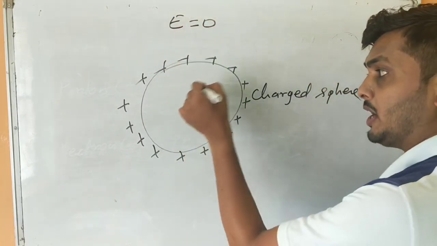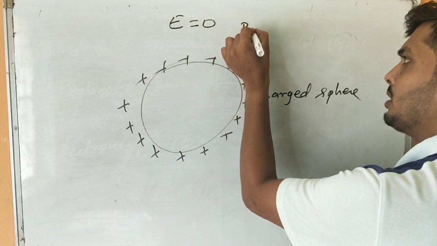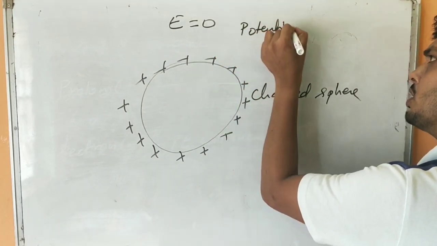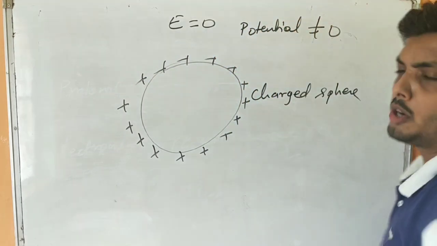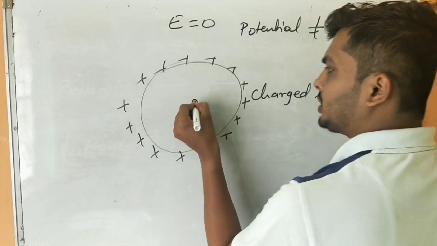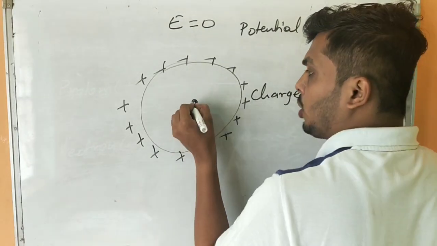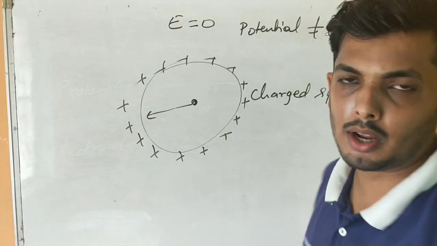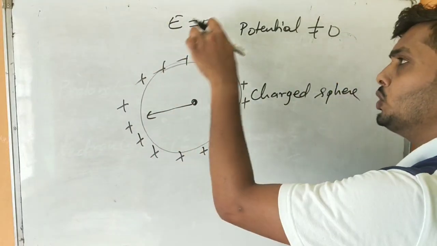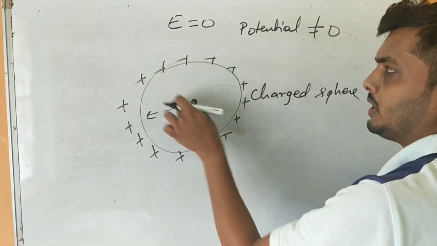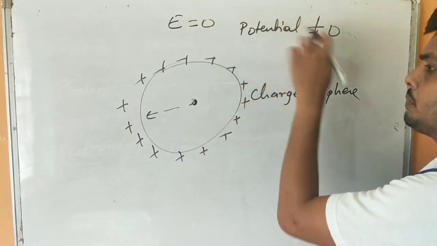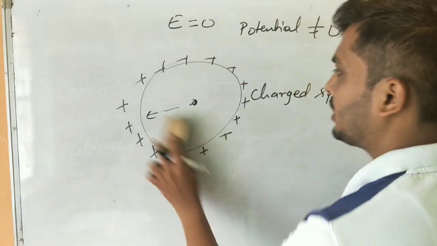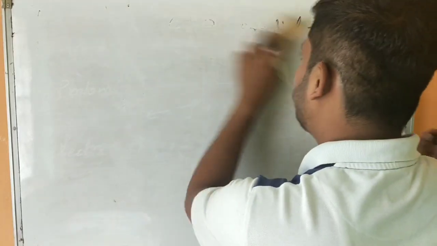But at this point, electric potential will not be equal to 0. Take care of this, because if a charged particle is placed here, to approach this space it has to do a certain amount of work. So, though inside the charged sphere the electric field will be 0, the potential is not necessarily 0. Clear? Are you understanding, students?